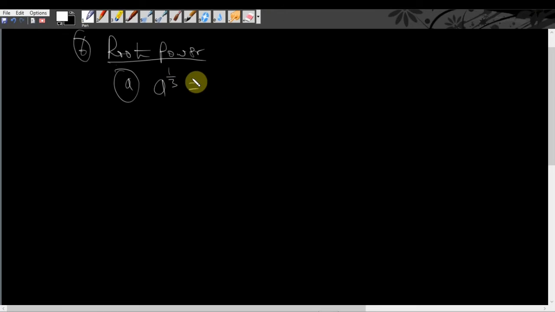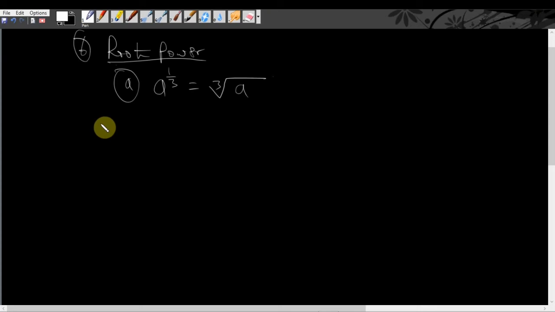In indices, this 3, which is the denominator of the fraction used as power, becomes the root, which is the cube root of a. I won't be writing 1 here because in mathematics it's not needed. The 1 is the invisible one.